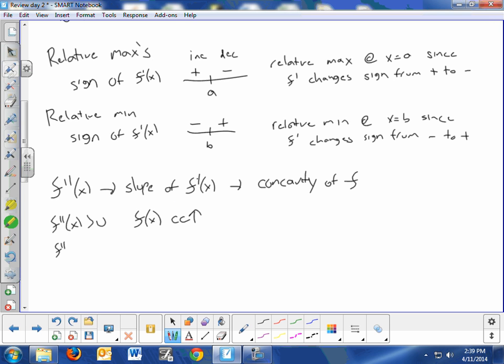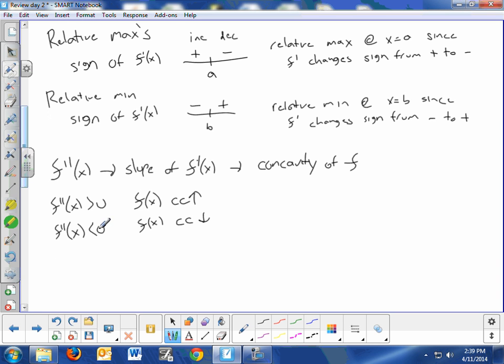If f double prime is negative, f is concave down. F has inflection points, or an inflection point, when f double prime changes sign.